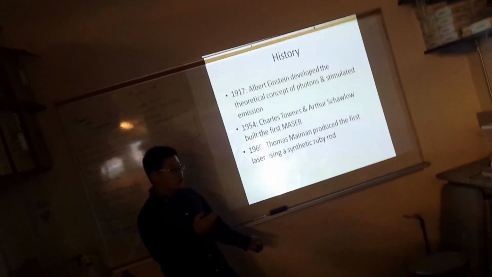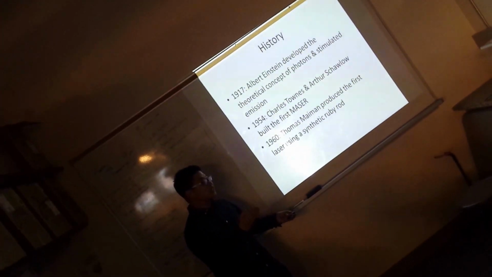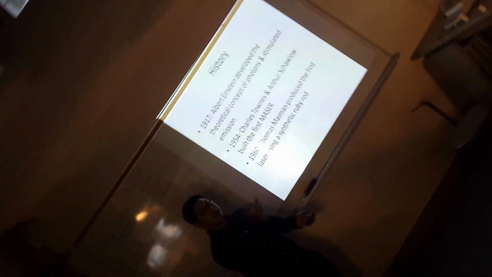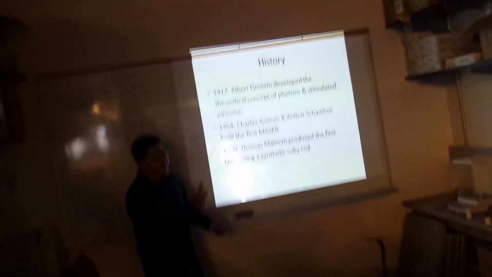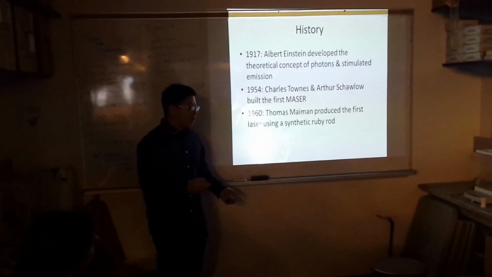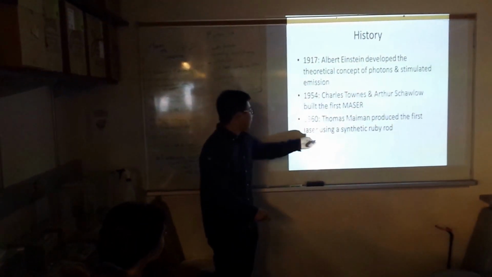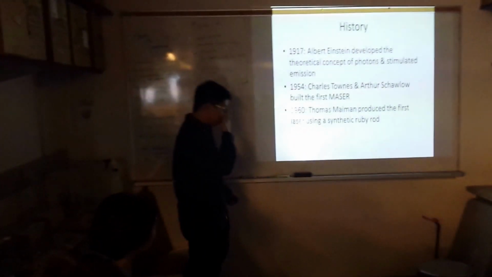Bell Laboratory actually filed the patent for the maser. The reason it's called a maser is because it emits at wavelengths around microwave or radio wave. But later lasers, like X-ray laser, ultraviolet laser, or visible light laser, are just called something laser. This is one exception here.